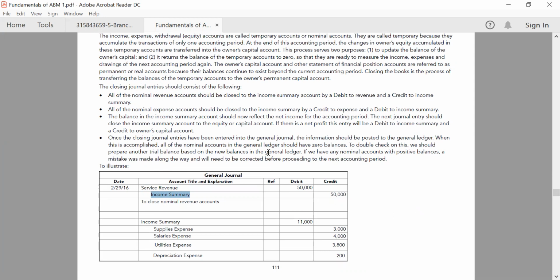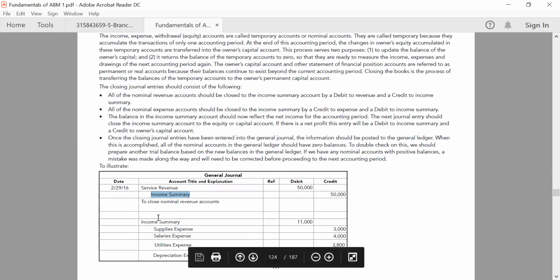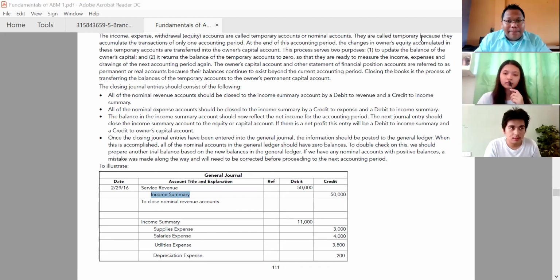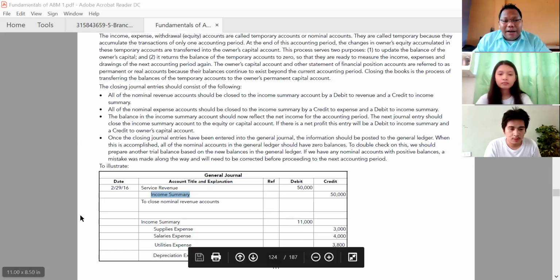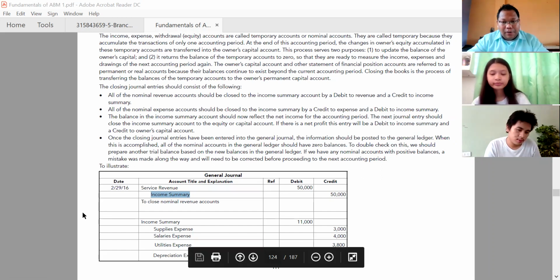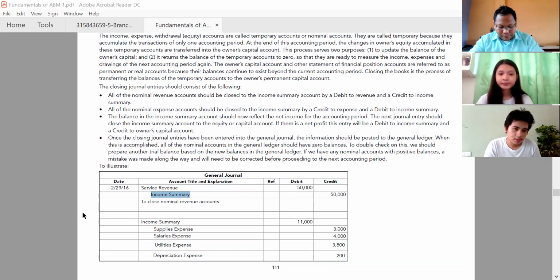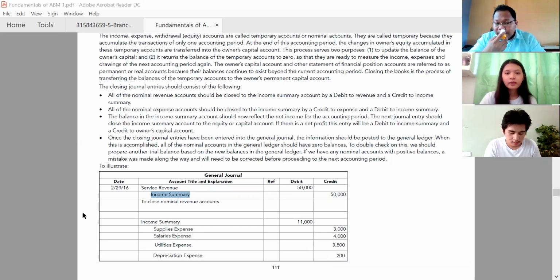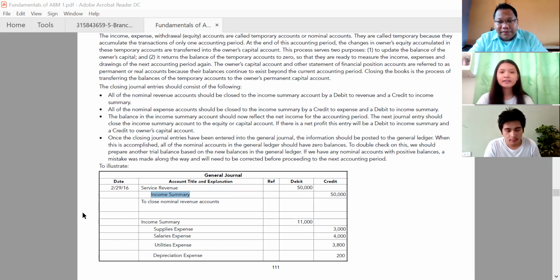All expenses as well shall be closed to income summary. And in order to close them, we put them on the side opposite of their respective normal balances. For instance, what's the normal balance of service revenue, Nicole? Credit.